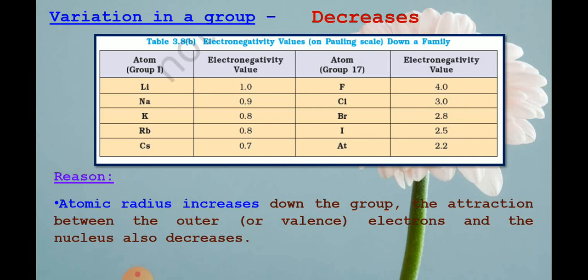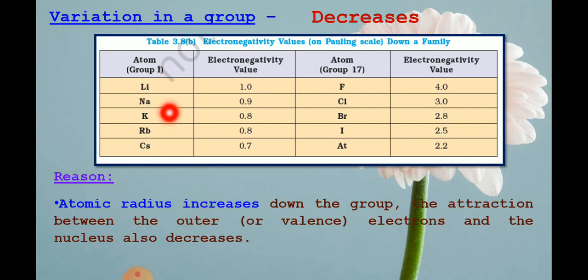Again, the reason goes back to the atomic radius concept. Down the group, atomic radius increases, definitely. Down the group, the number of shells increases, therefore radius and size increase. The attraction between the outer or valence electrons and the nucleus decreases.